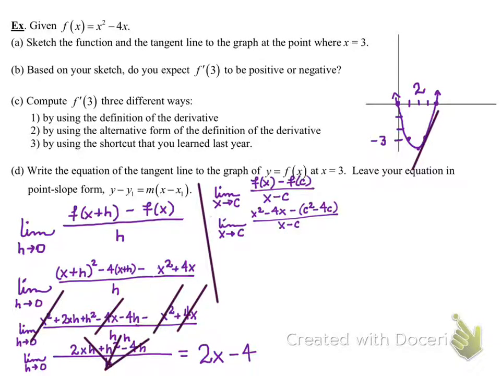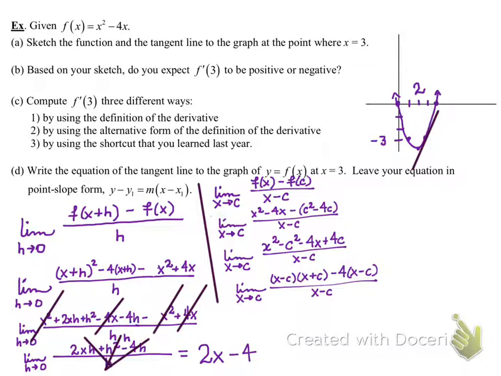And now using the alternative form of the definition of the derivative, we go ahead and plug in x and c, and now we're going to factor things. But before we factor, we need to regroup because we are specifically looking for groupings of x minus c. And just as before, things canceled beautifully.